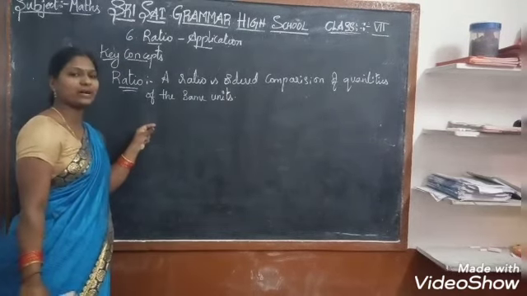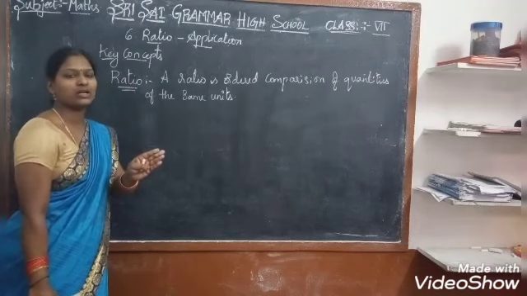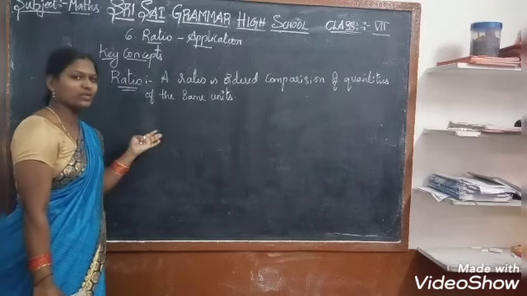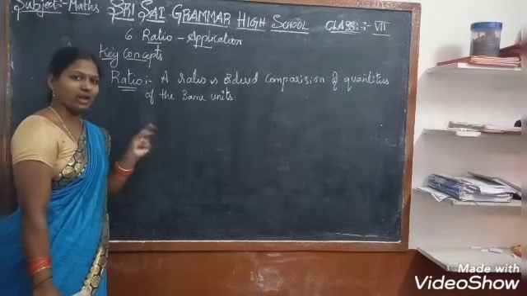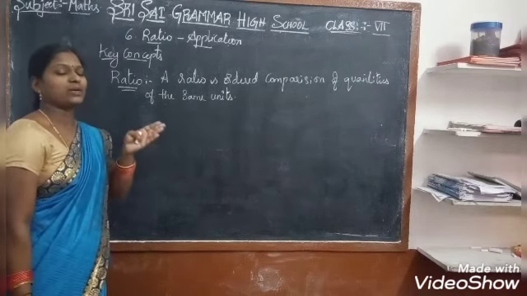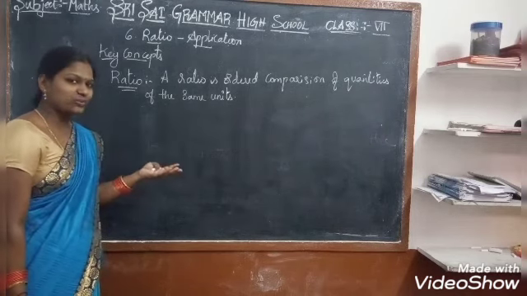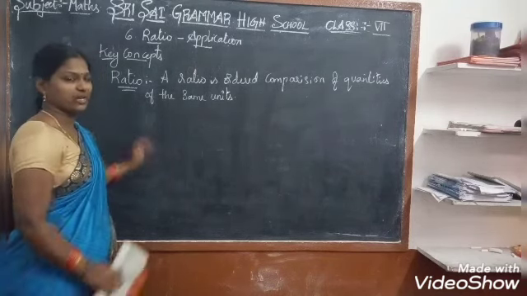So we are going to compare two quantities with the same unit. Whatever quantities I take, let it be A and B. A and B are two quantities. A is called the first quantity, and what symbol is going to be used, I am going to write.